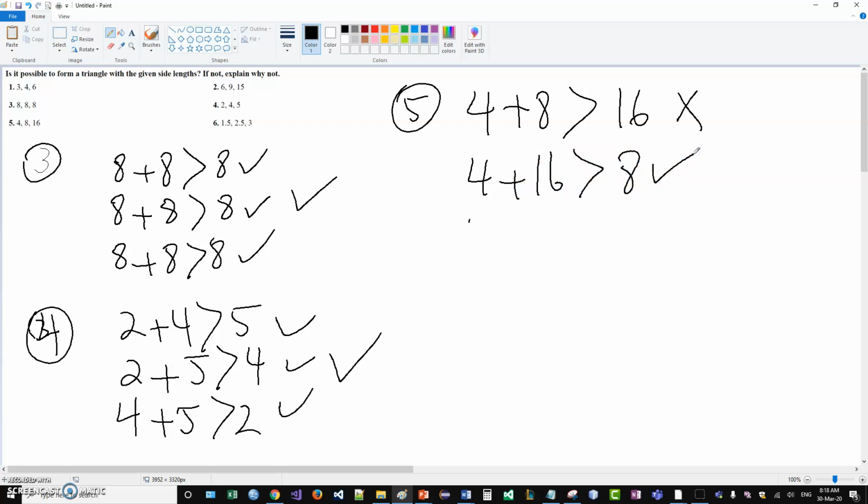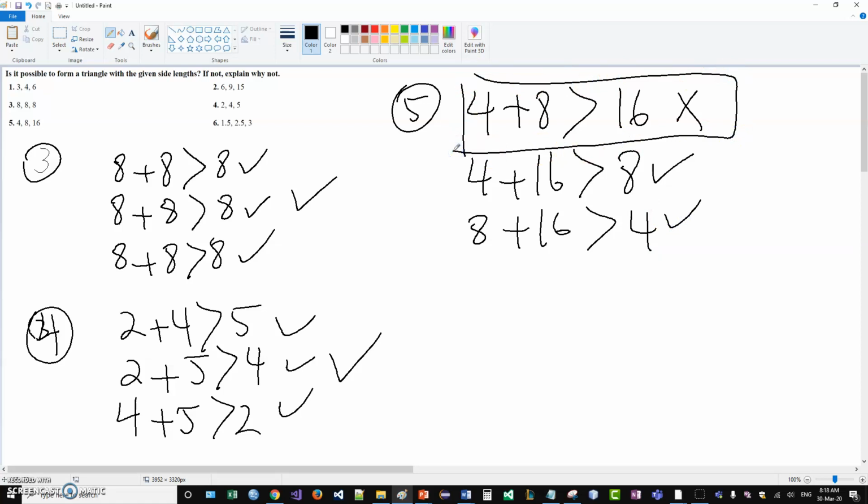Yes. 8 plus 16, is that greater than 4? Yes. But because the first two sides, their sum is not greater than 16, we can say that no, we cannot form a triangle, because the sum of two sides is not greater than the third side.